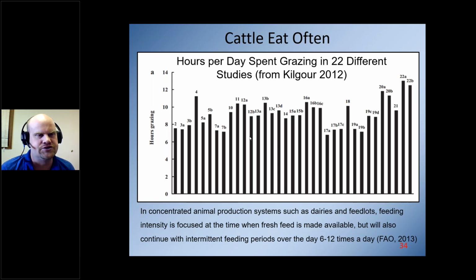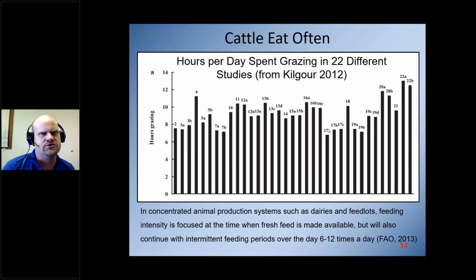But in summary, even in the most productive cases, the animals are still spending 7 hours per day grazing. They're not eating 30 minutes a day, which would represent these chamber studies with a slug-fed diet. They're eating consistently, and they're spending a lot of time eating.